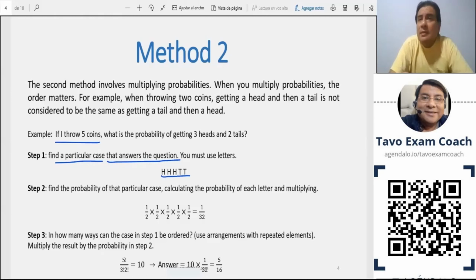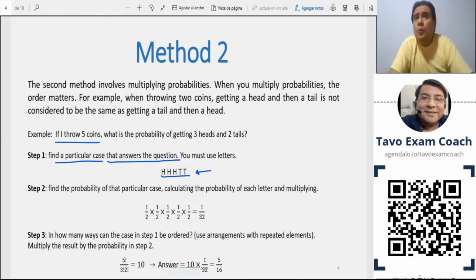But really, the problem doesn't make any reference to the specific order of the results. So the probability we need to calculate involves all the possible arrangements or orders of the 3 heads and 2 tails. But to begin with, we use any sequence.